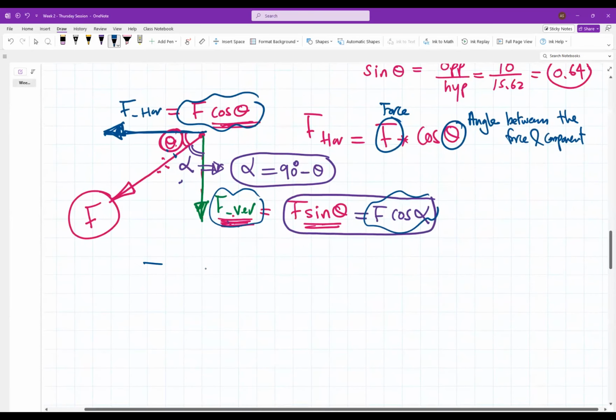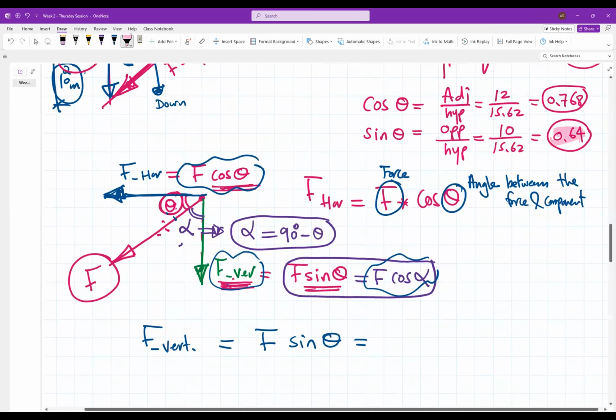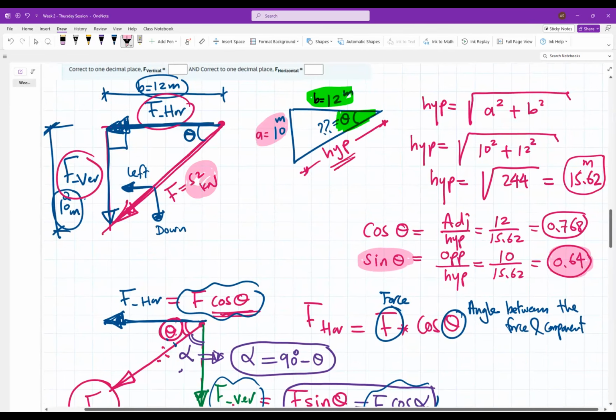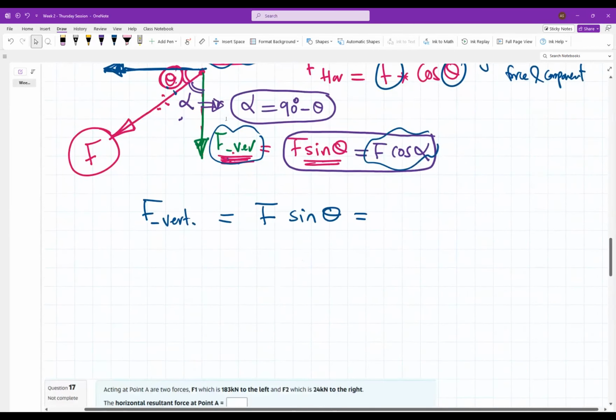So now if we want to find the solution of this one, the F vertical will be equal to what? F sine theta. What is sine theta from the top here? We found sine theta as 0.64. And what is F? F is 52. So we have F sine theta equal to 52 kilonewton times 0.64.